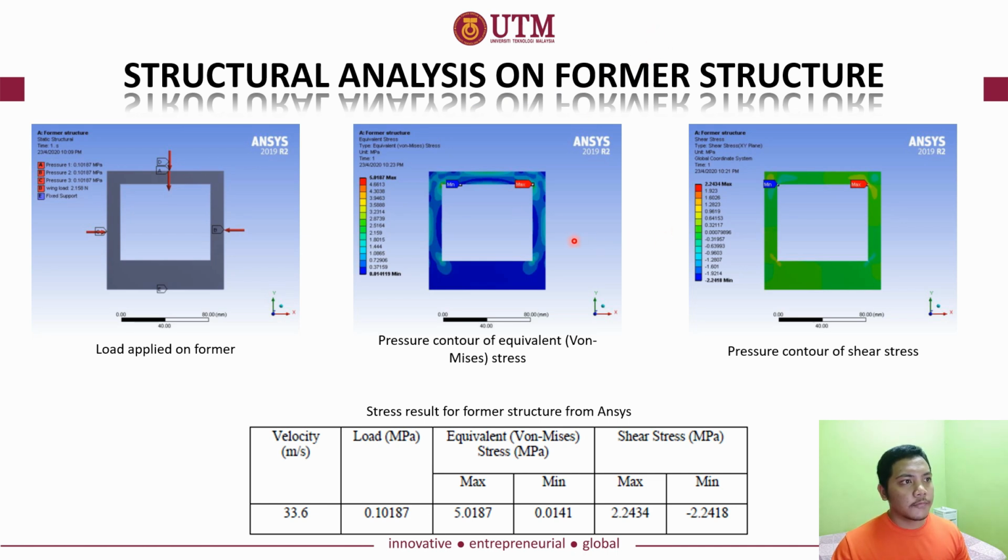These both figures show the pressure contour of both equivalent and shear stresses, and for both, the pressure contour shows that most of the structure managed to have maximum stress. And more detail on the value of the stress is shown in this table here.